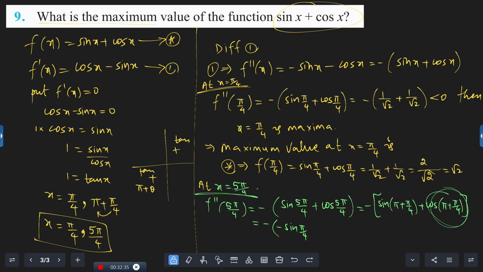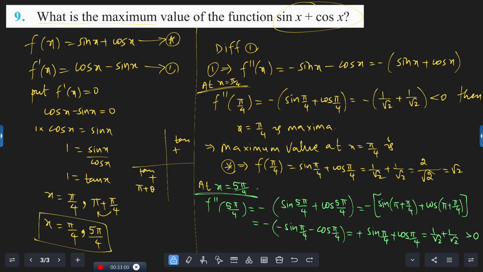Minus. So minus cos pi by 4. Minus if we take outside there is a 1 minus. Minus and minus you will be getting plus sin pi by 4 plus cos pi by 4, equal to 1 by root 2 plus 1 by root 2, that is greater than 0. Greater than 0 in the double derivative.